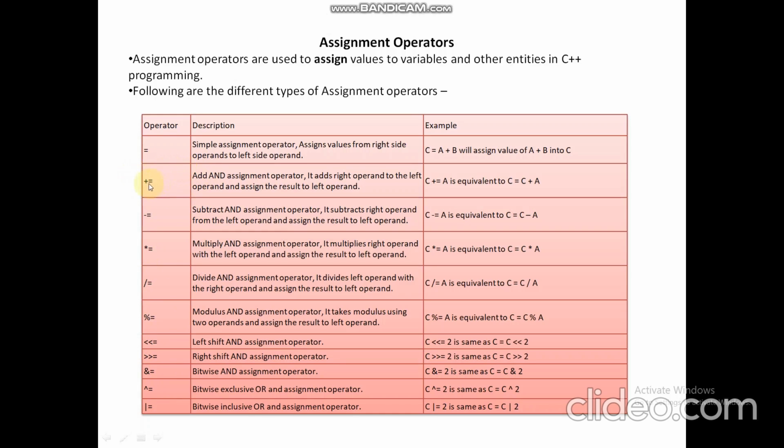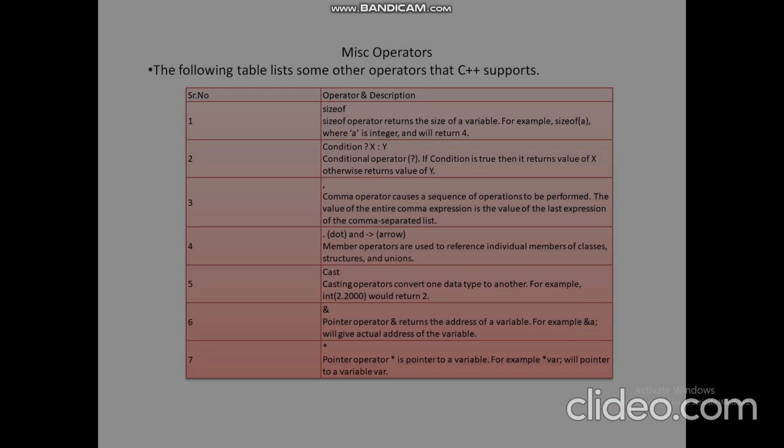Here, plus and minus are given, but C plus equal to will be assigned first, then plus will be applied. That is how we can do everything else. We have seen all these operators previously. You can pause and read each line for your understanding.